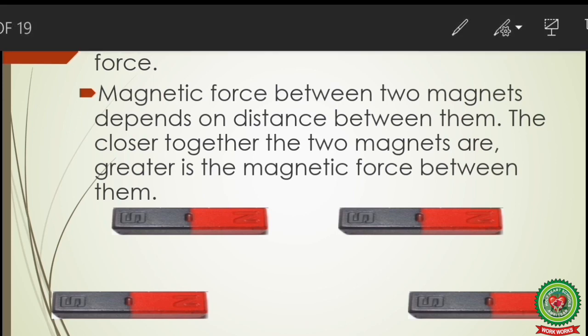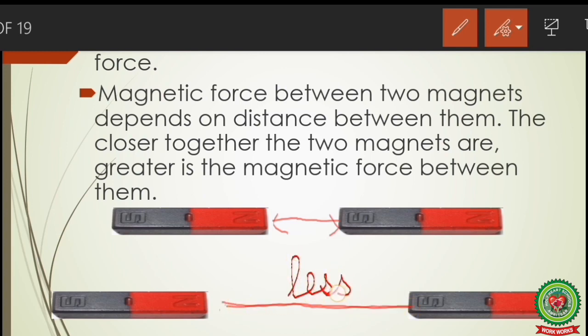As shown in the diagram here, in the first case, there is less distance between two bar magnets, so there will be more magnetic force between them. But when the distance is increased, in the second case, there will be less magnetic force between these two magnets. It means the closer together the two magnets are, the greater is the magnetic force between them, right?